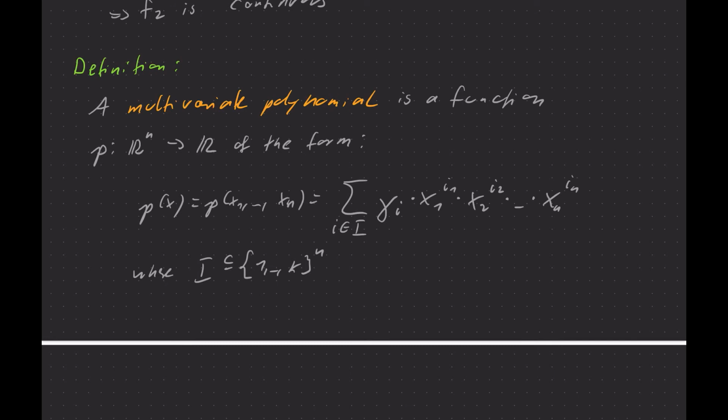And actually we also want to allow 0 here. So not necessarily every variable needs to be present in every one of these multivariate monomials. Okay, and this is true for some finite k in N. And the gamma I's, those are just real constants.